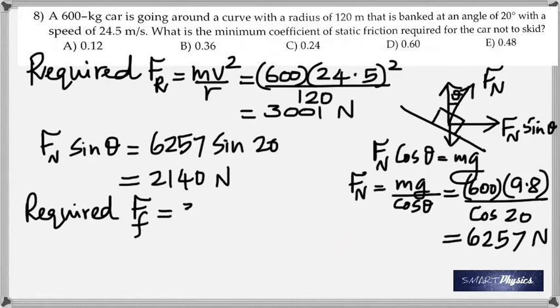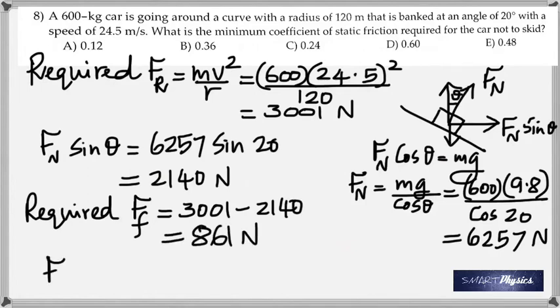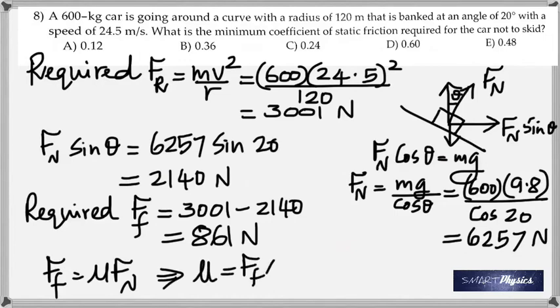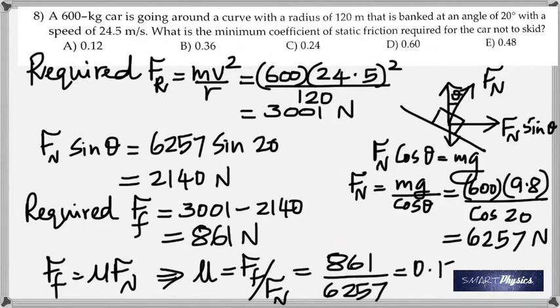Therefore, the frictional force is the difference between the two, which is 861 newtons, and you know that friction is mu times Fn. So now mu is friction divided by the normal force, which is 861 divided by 6257, and that gives us 0.13. Well, close to 0.12.